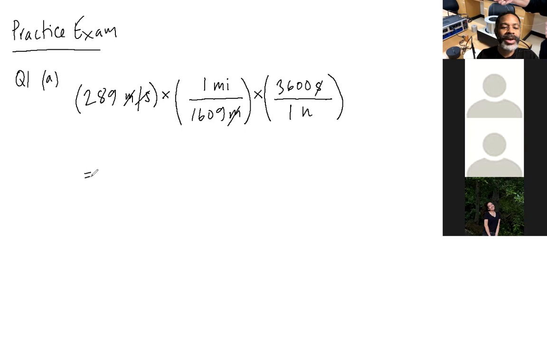And so when you do this math on your calculator, you get 647 miles per hour. Okay, and so that's pretty much how you do that arithmetic, and that would be sufficient to answer the question. You could also write it this way. That means the same thing.